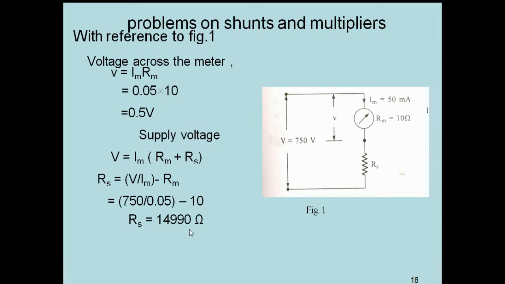And always remember, to increase the voltage range, we need to connect a resistance in series with the meter, and this series resistance value will always be more than the meter resistance.